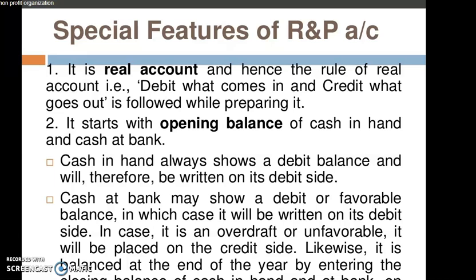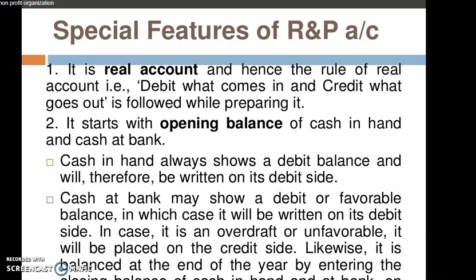Second feature is it starts with the opening balance of cash in hand and cash at bank. Cash in hand always shows the debit balance and will therefore be written on its debit side. Cash at bank may show a debit or favorable balance, in which case it will be written on its debit side.